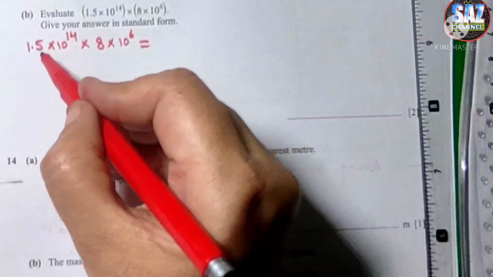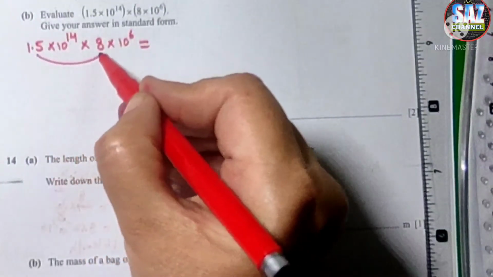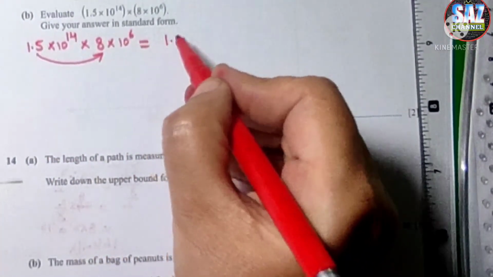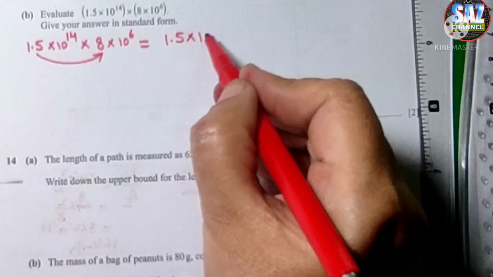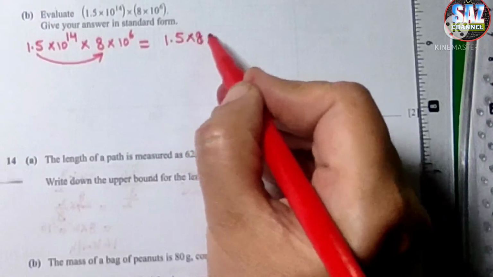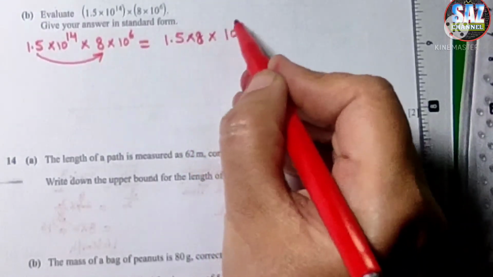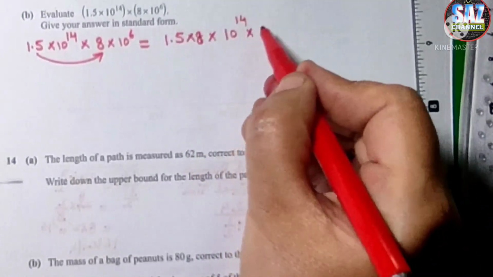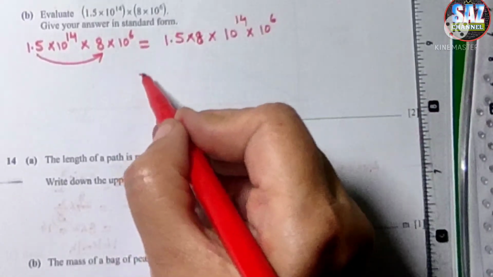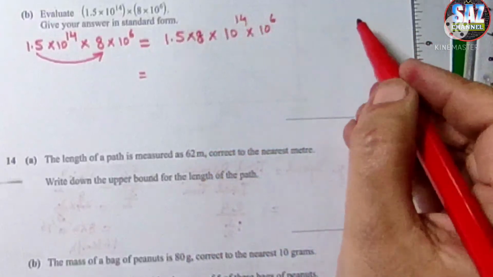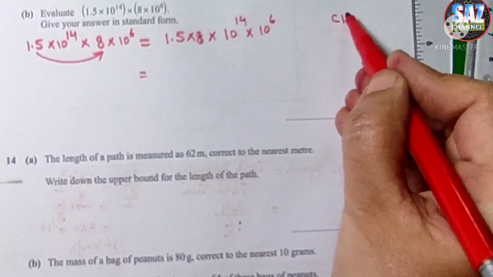what we have to do is multiply the numbers with numbers. 1.5 multiplied by 8 multiplied by 10 raised to the power 14 multiplied by 10 raised to the power 6. Now look, for some time forget about the decimal and apply the CIP rule.